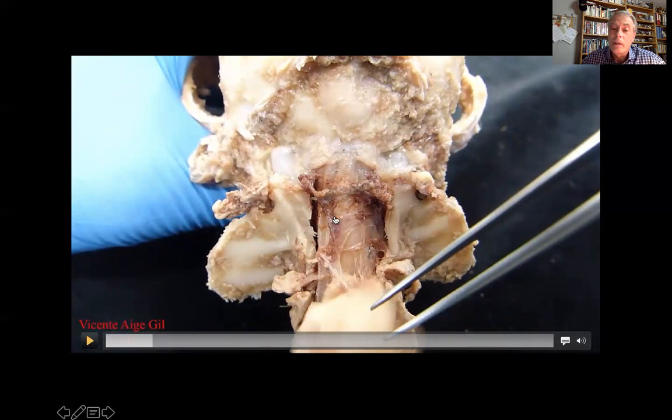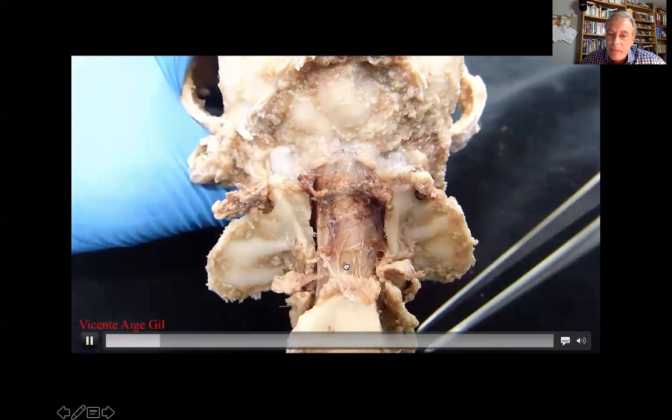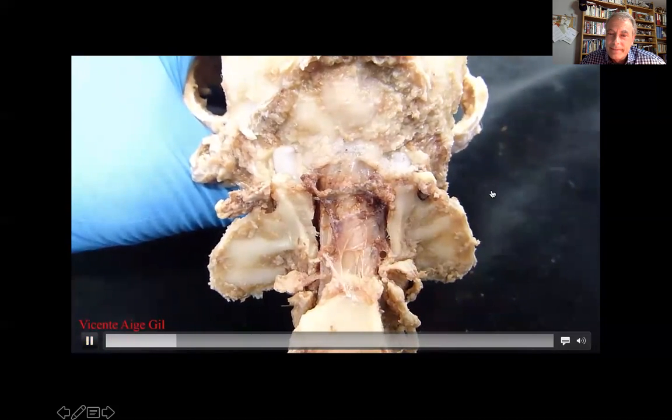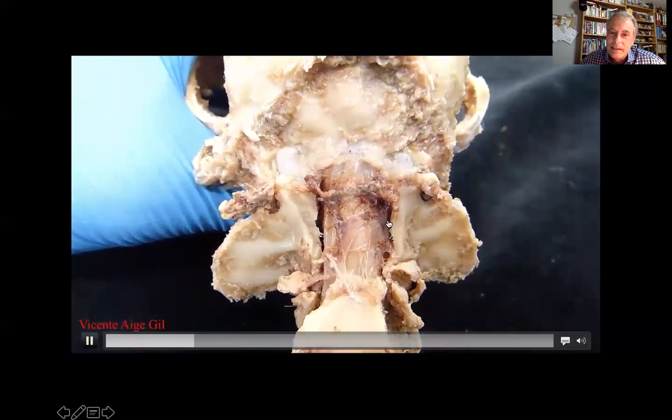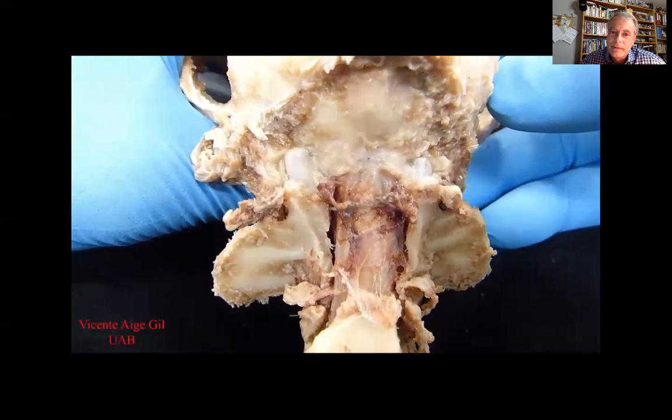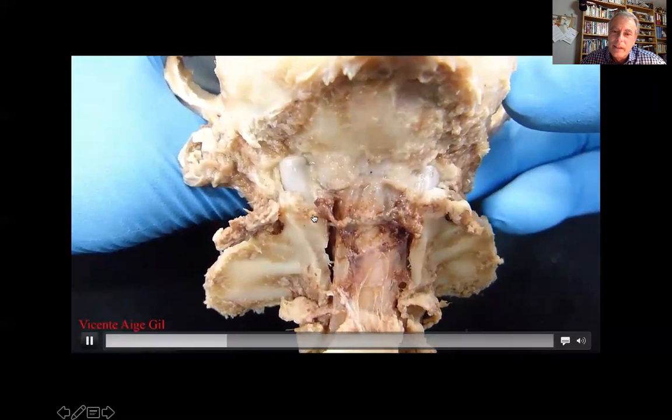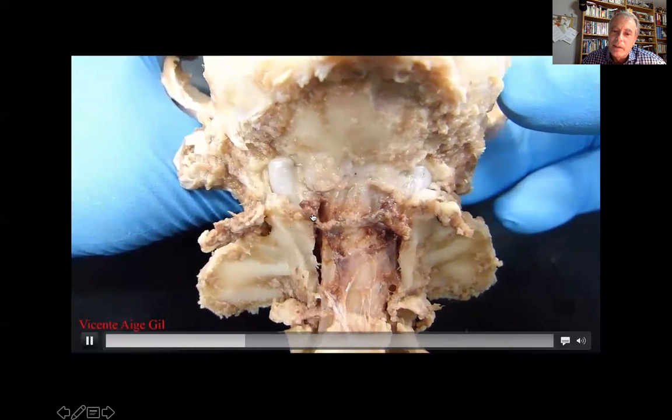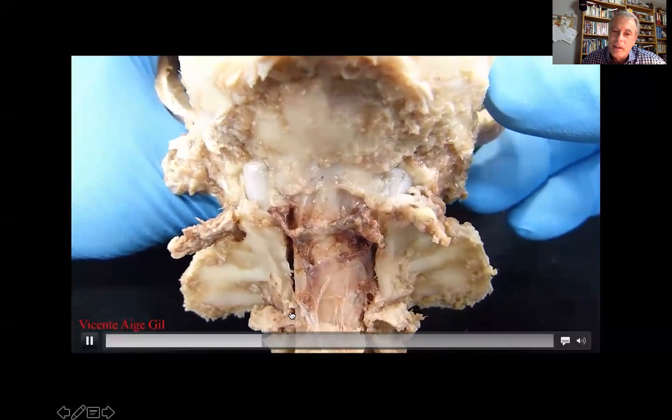We see the plexus venosus vertebralis internus dorsalis, this is the dorsal plexus here, and C1, and then the first interarcuate branch. This is the dura mater, the inner layer of the dura mater. The first cervical spinal nerve, the second cervical spinal nerve.